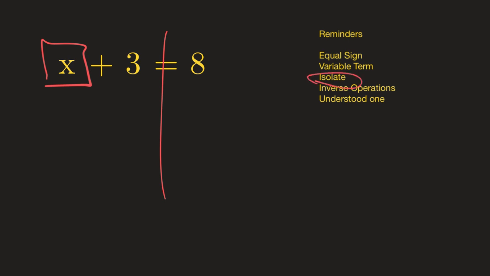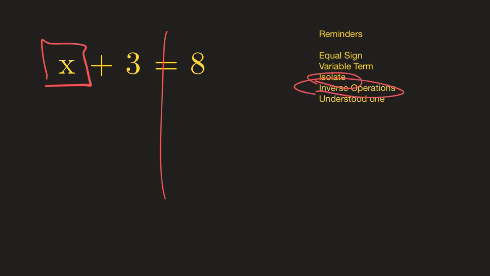Guys, your objective is to isolate the variable term and eventually isolate the variable so that the equation is solved, okay? But that's what we are ultimately wanting to accomplish is the isolation of that variable.